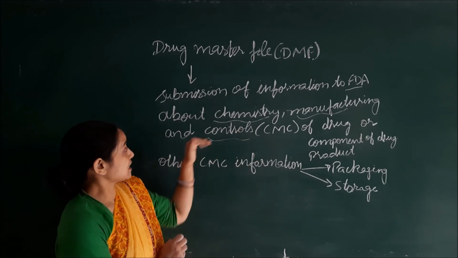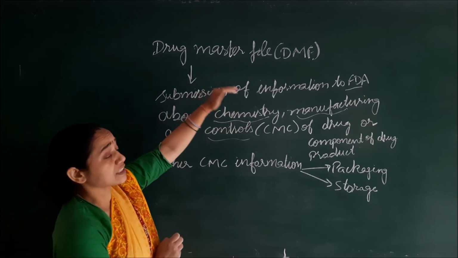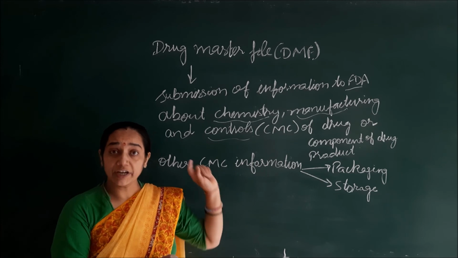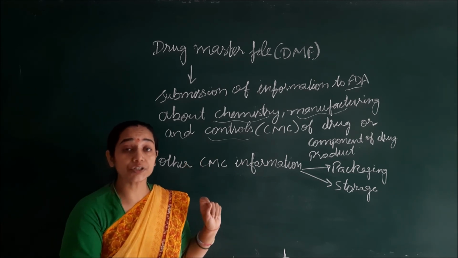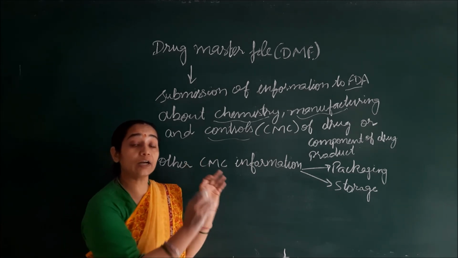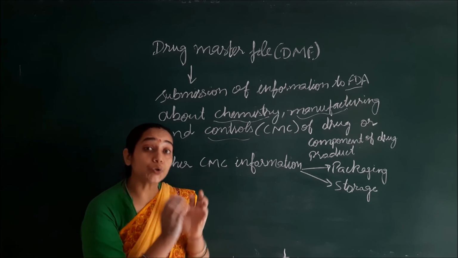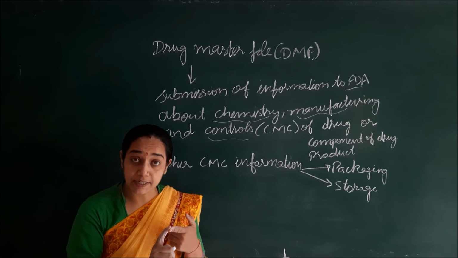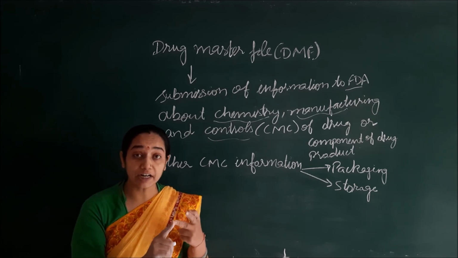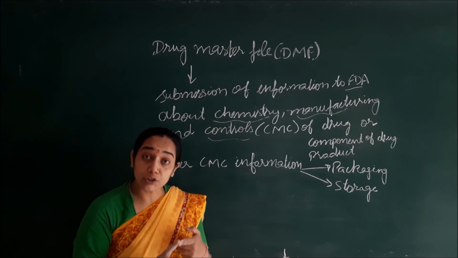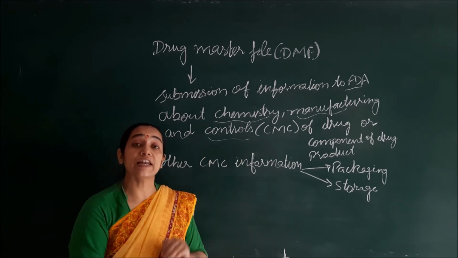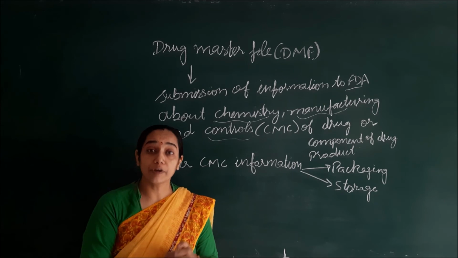Now, if I say this, it means that this Drug Master File should contain only the chemistry, manufacturing and control information. No, it shouldn't contain only that information. As this will be for the drug substance as well as the drug product, it should also contain the information about the packaging of the product as well as the storage conditions of the product.